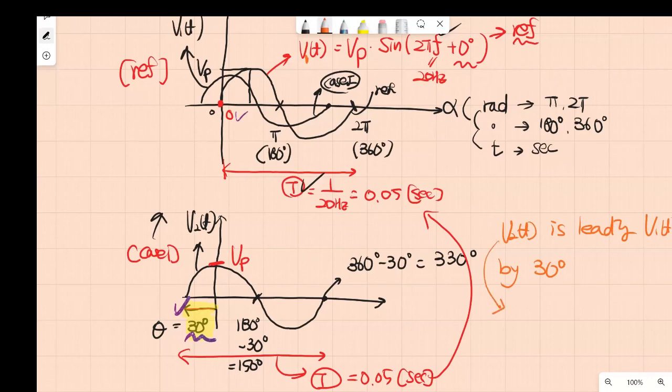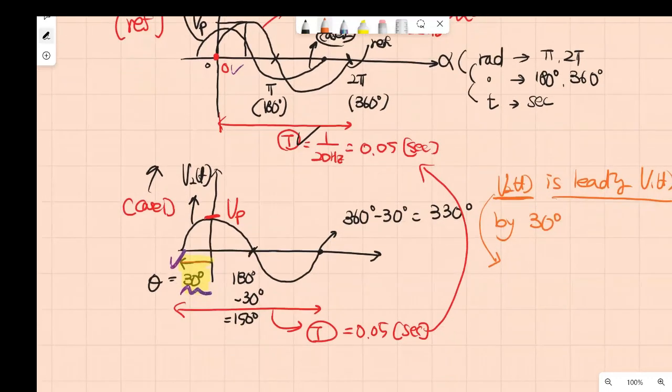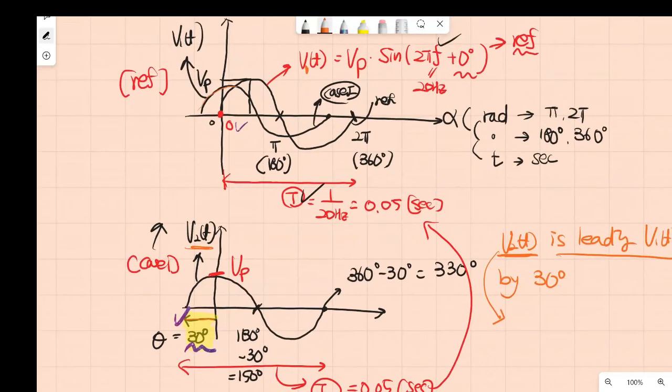So we can make a definition of phase relationship for sinusoidal waveforms: v2(t) is leading v1(t) by 30 degrees because v2(t) arrives earlier than the reference one.